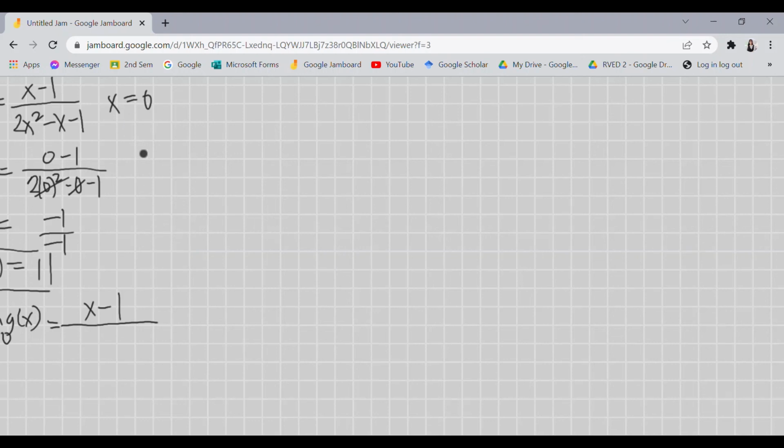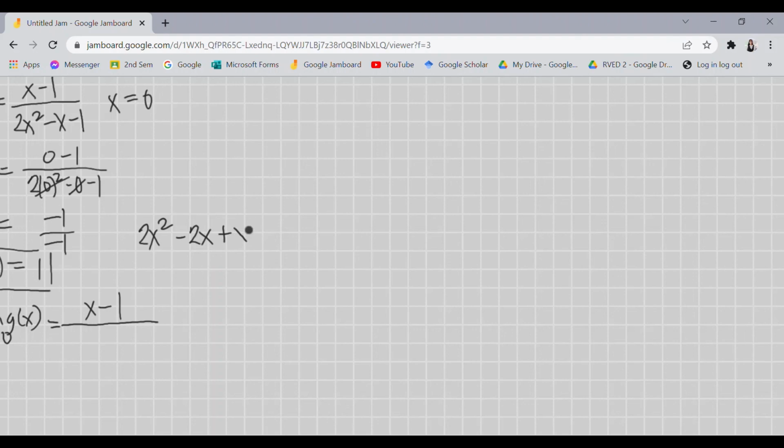So, we have 2x squared minus 2x plus x minus 1. Okay? So, pag pinag-add nyo tong negative 2x at saka x, ang sagot dyan ay negative x. Pag pinag-times yung negative 2 at saka 1, ang answer doon is the product of negative 1 and 2. Yung extremes natin.